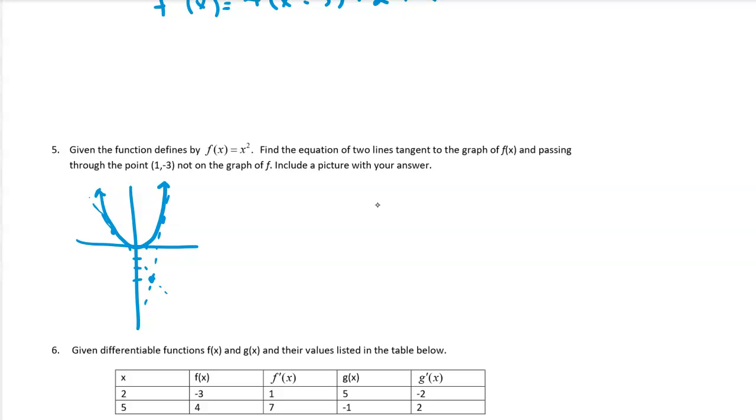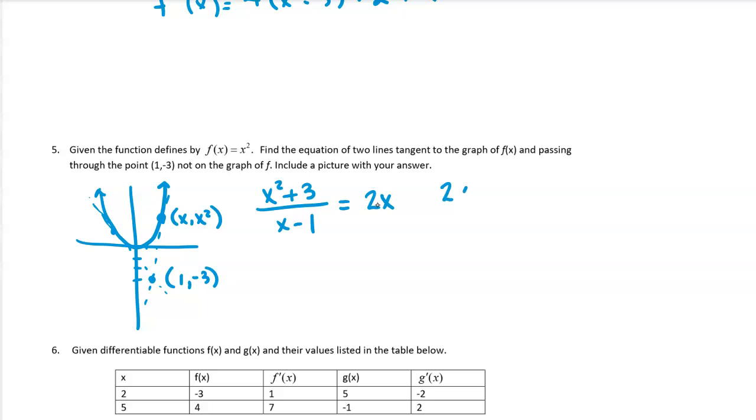Okay, so old-fashioned slope. I'm just going to pick one of these points. This is the point x comma x squared. And this is the point 1 comma negative 3. What is the slope of that line? We could say that's x squared minus a negative 3 over x minus 1. Another way to express the slope of that tangent line in terms of x is to take the derivative of x squared and get 2x.